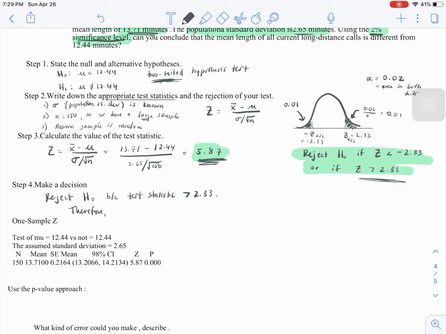And therefore, we conclude that the population mean, the mean length of all phone calls, is not 12.44 minutes.